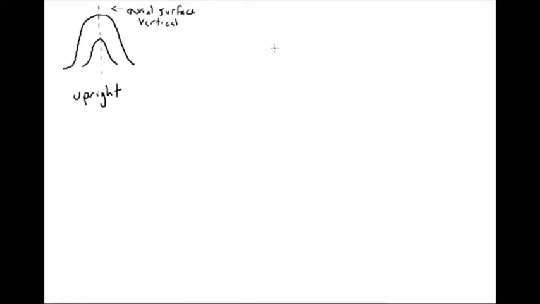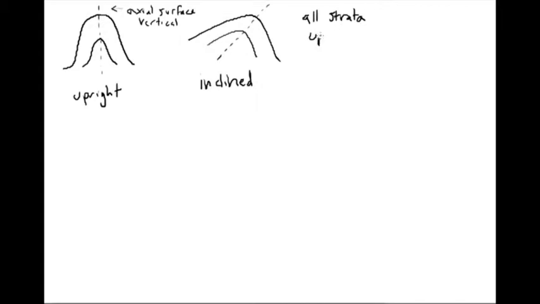If we have a fold where the axial surface is tilted, we call that inclined. In an inclined fold, all the strata are upright. None of these layers have been flipped over.